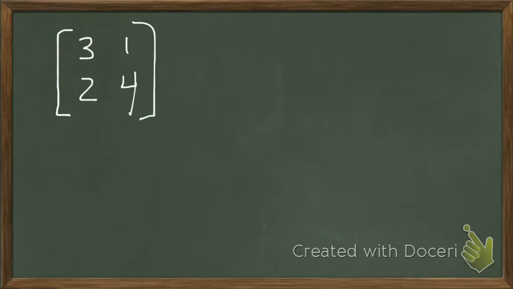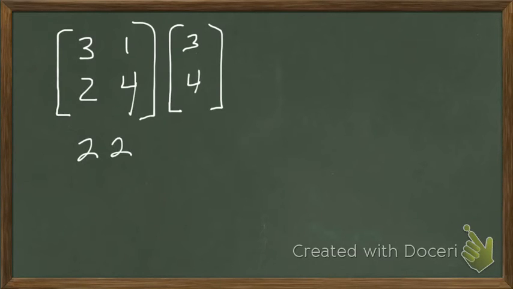Let's see. Subtraction works the same way. Now to multiply two matrices together. This is a 2 by 2 matrix, and this is a 2 by 1 matrix.